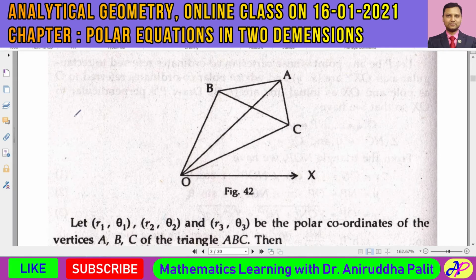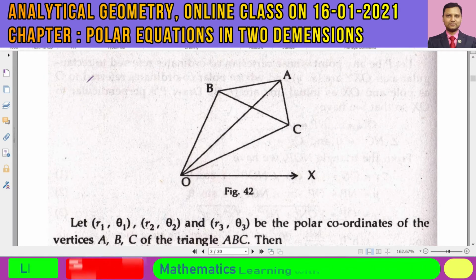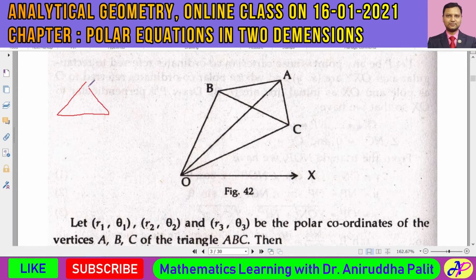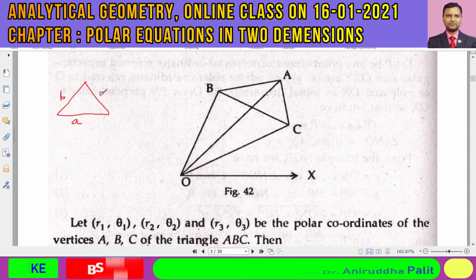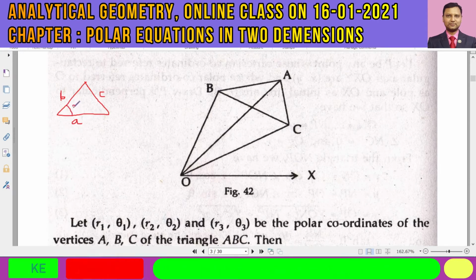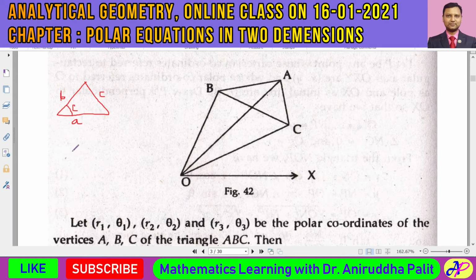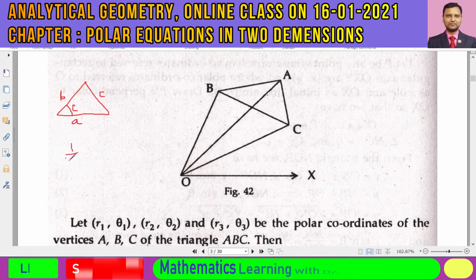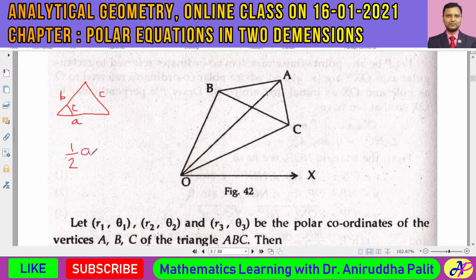Now you see, we already have a formula for evaluation of the area of a triangle. Suppose we have a triangle like this, and this is the edge A, this is the edge B, this is the edge C, and this angle is the angle C. Then the area of the triangle is half of A B sine of the angle in between the adjacent edges.